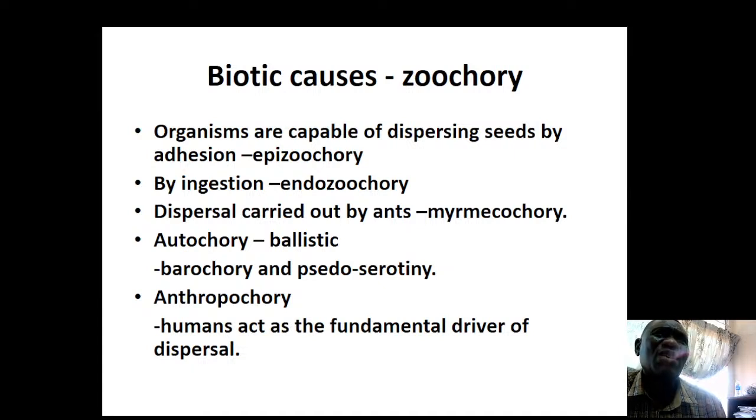Now, dispersal carried out by ants is not very large. It's classified as myrmecochory. Then there is a self-dispersal where you have a splitting of the fruits of the plant, which is known as autochory or ballistic dispersal, which involves barochory and pseudoserotiny.